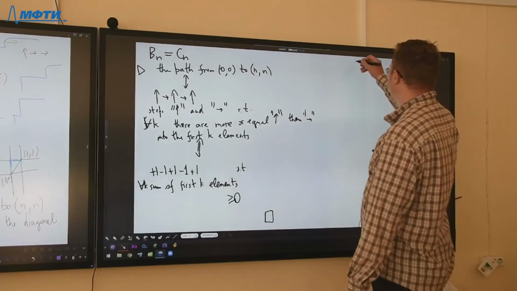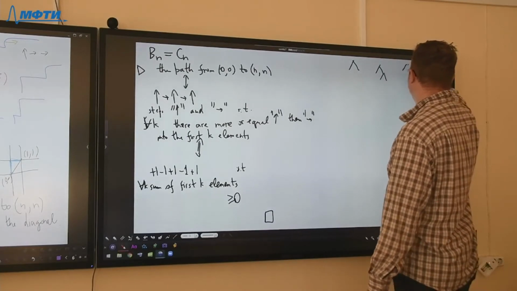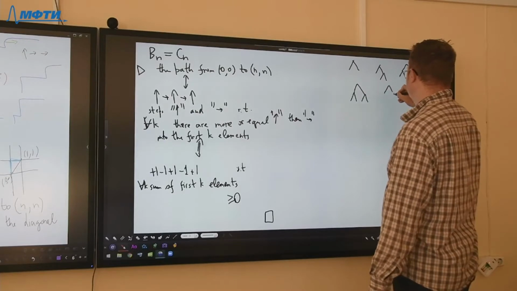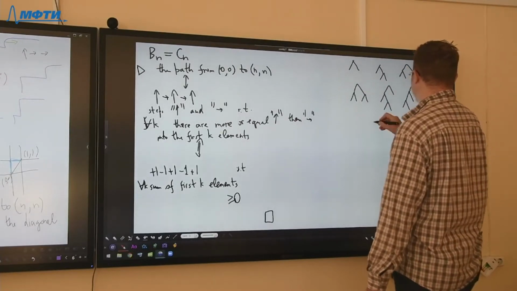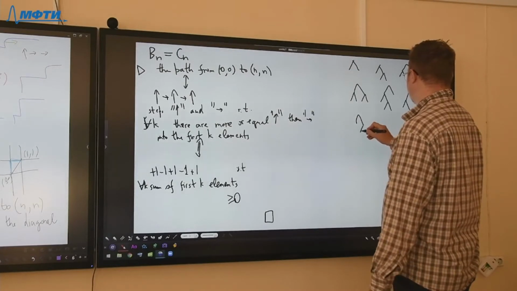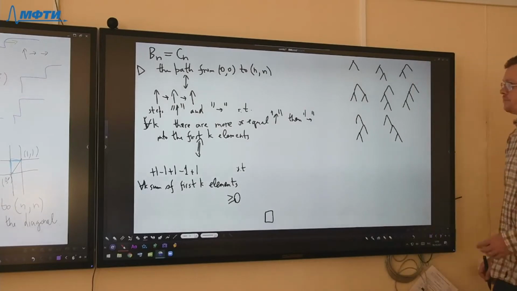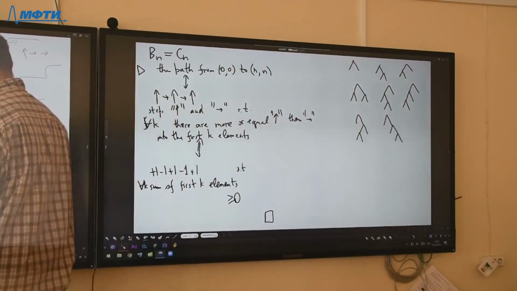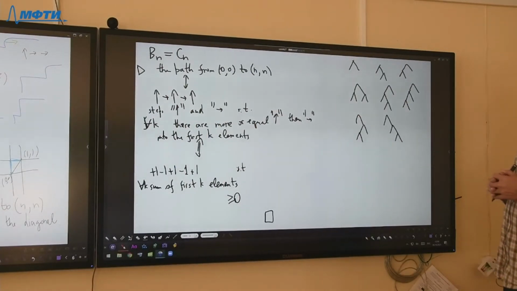What about binary trees? Sorry? Why do you use the n minus?